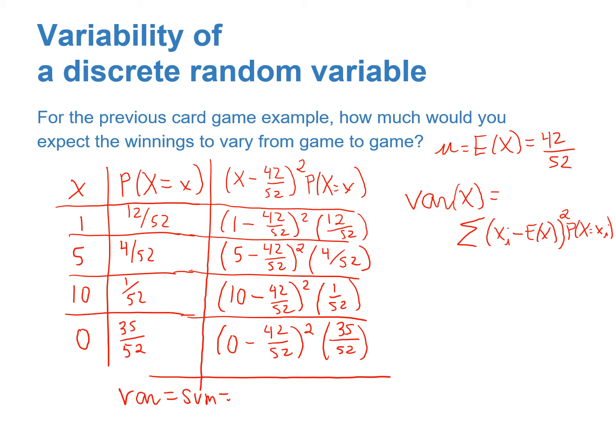In total, that gives me approximately 3.42. And remember, I can use my notation sigma squared for that variance. And if I want to find the standard deviation, it is going to be the square root of 3.42, which is approximately 1.85.